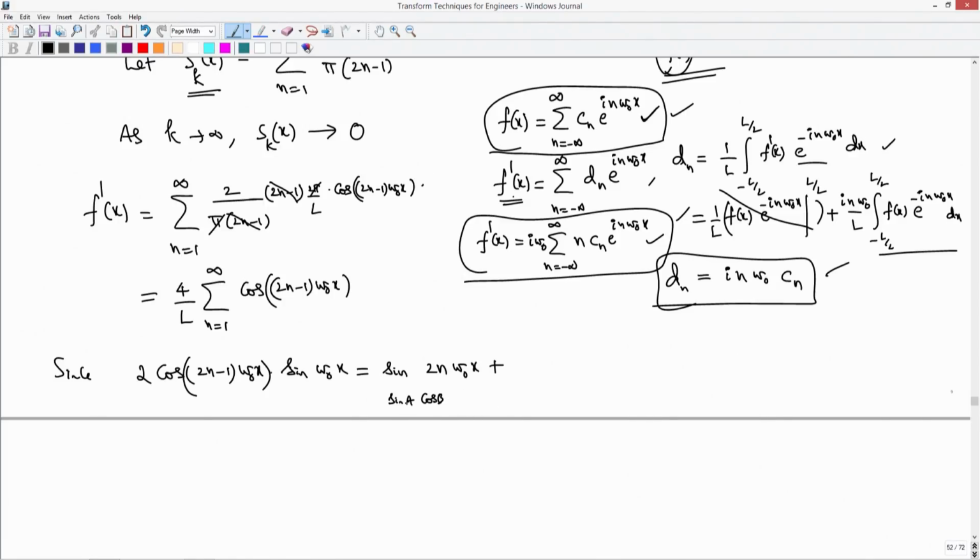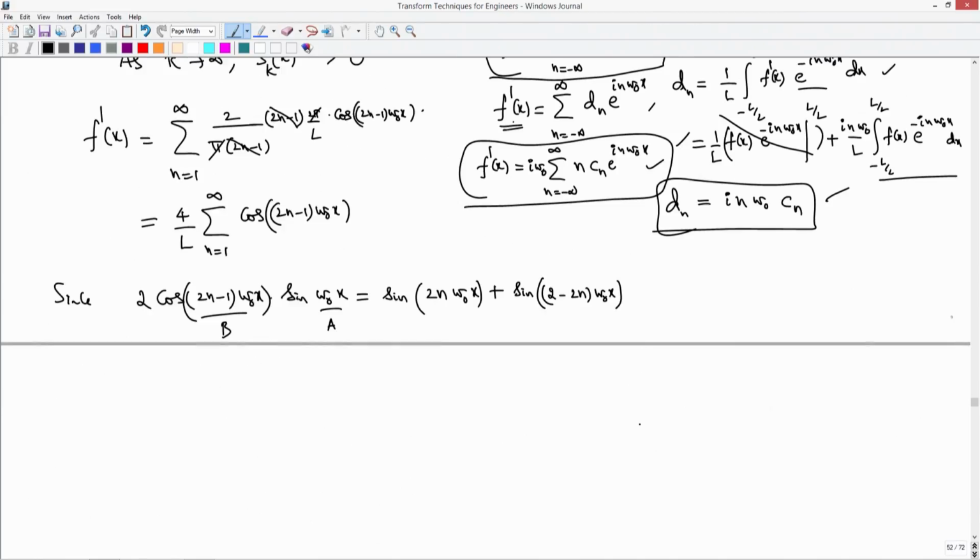What you have left is sin A, and this is your B. So A minus B: sin difference is sin of A minus B, which is w naught x. So 1 minus plus 1, that is minus 2n w naught x. That is what it is. So I will just remove this. So this is what you get.